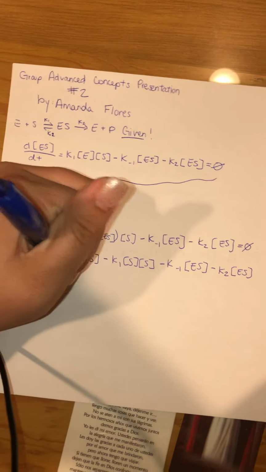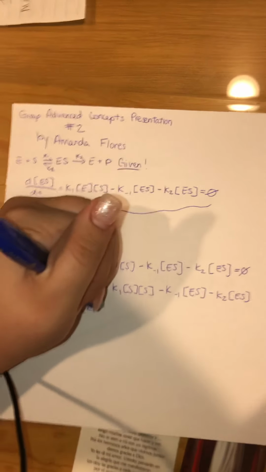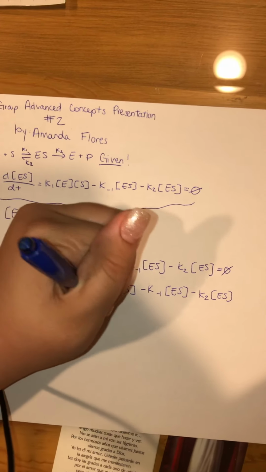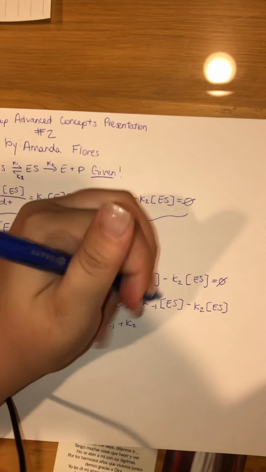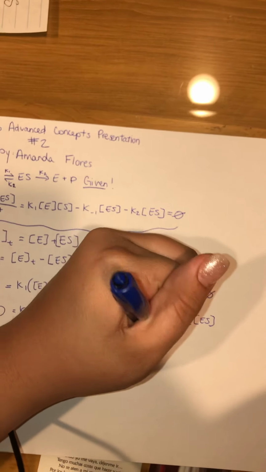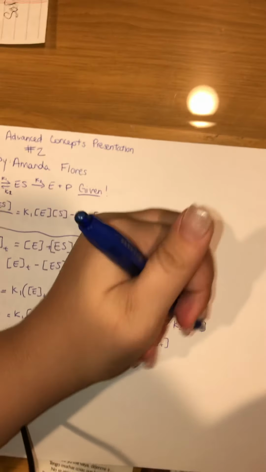one side and simplifying it further. So we're going to put E of S times K1 times S plus K negative 1 plus K2, which is going to equal K1 times E of T times S. So we're going to simplify it even further.